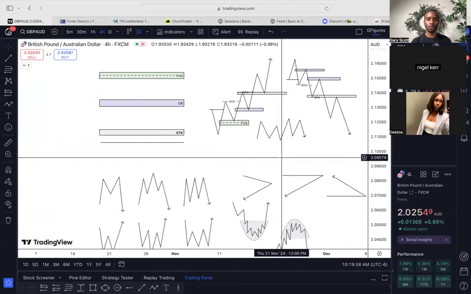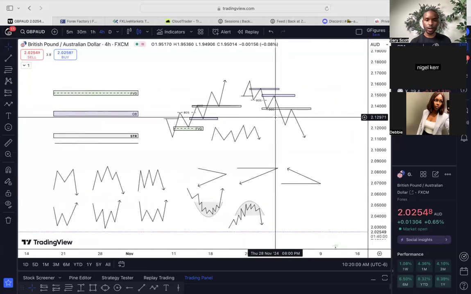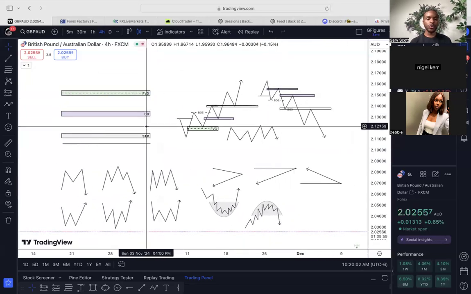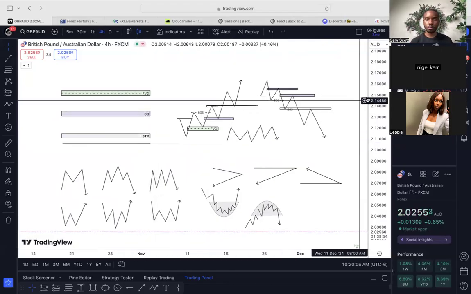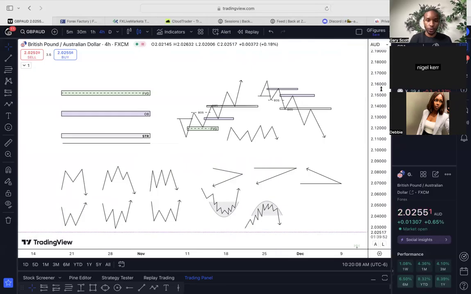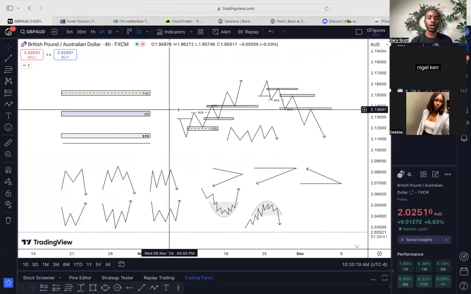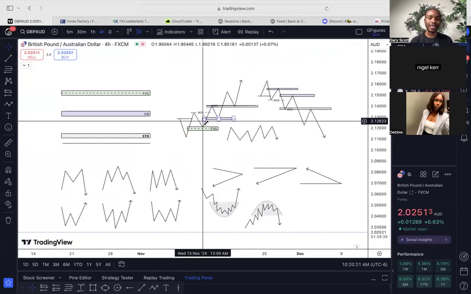But before I do so, like I said, you've got your fair value gap, your order block, and your structure level. If you want to take a picture of this, please feel free to do so. I'm going to give you 1 minute to do so, and then we're going to go check out the real-time chart, so that we can go over these same things in real time.